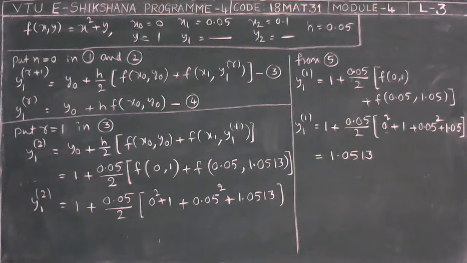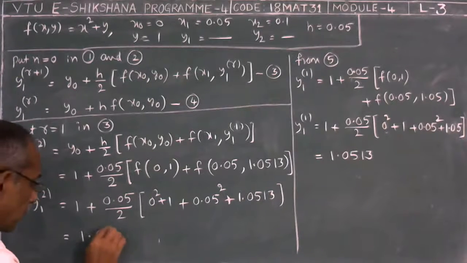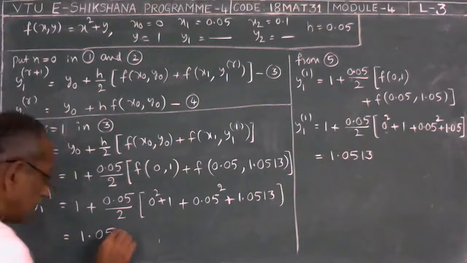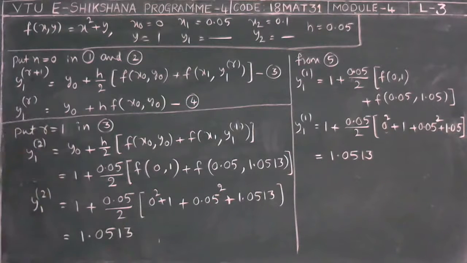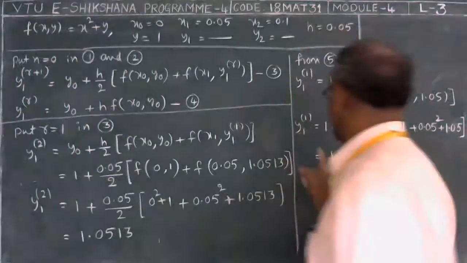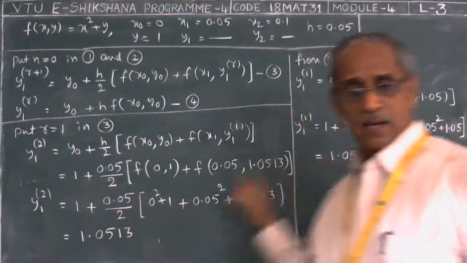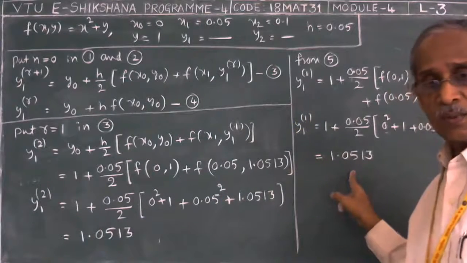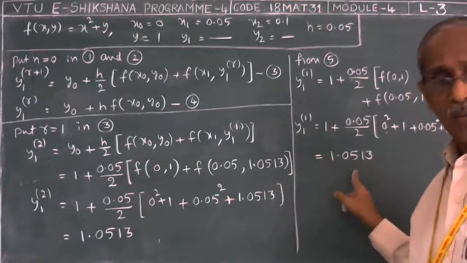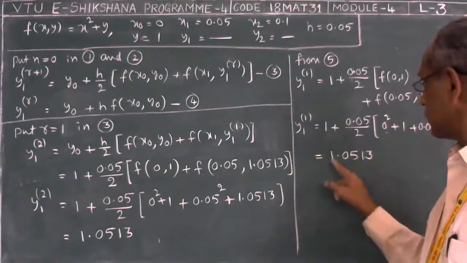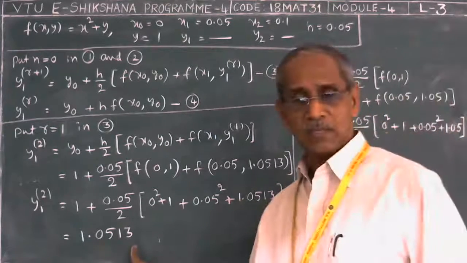So if you calculate carefully using a calculator, we get 1.0513. So you can easily observe the first iteration and the second iteration are both equal up to 4 decimal places, that is 1.0513, here also 1.0513.